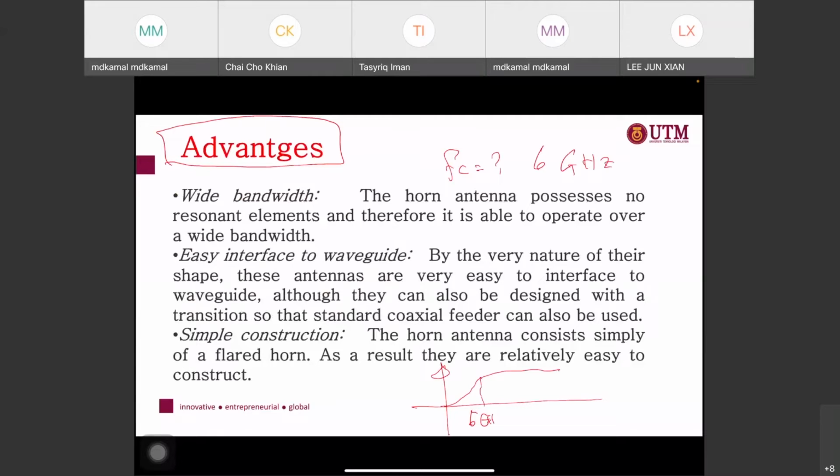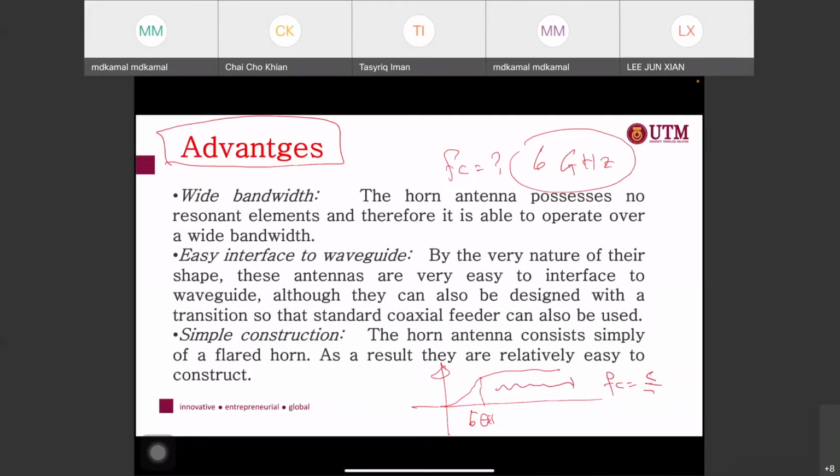It means that above 6 gigahertz, this is the lowest frequency. Above this, the signal can propagate inside the waveguide. So that is the most important thing about the waveguide that you want to know. The most important thing is the dimensions of your waveguide here.